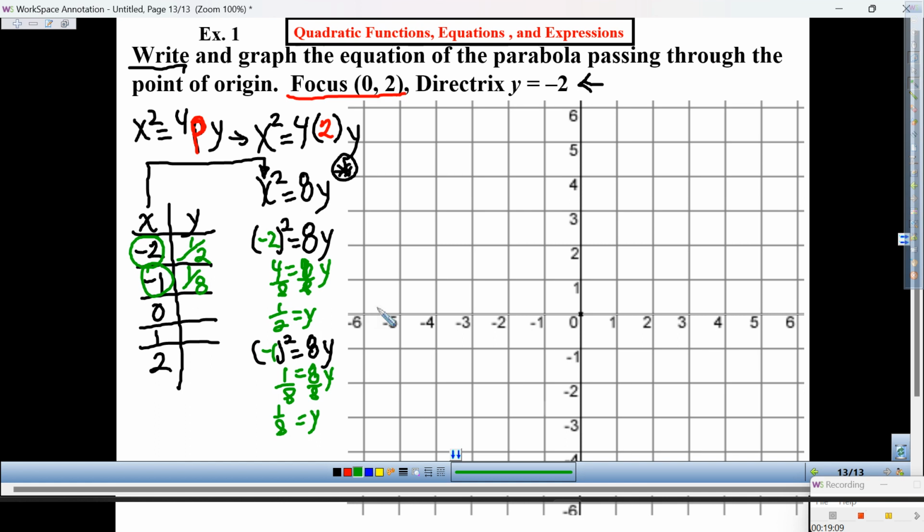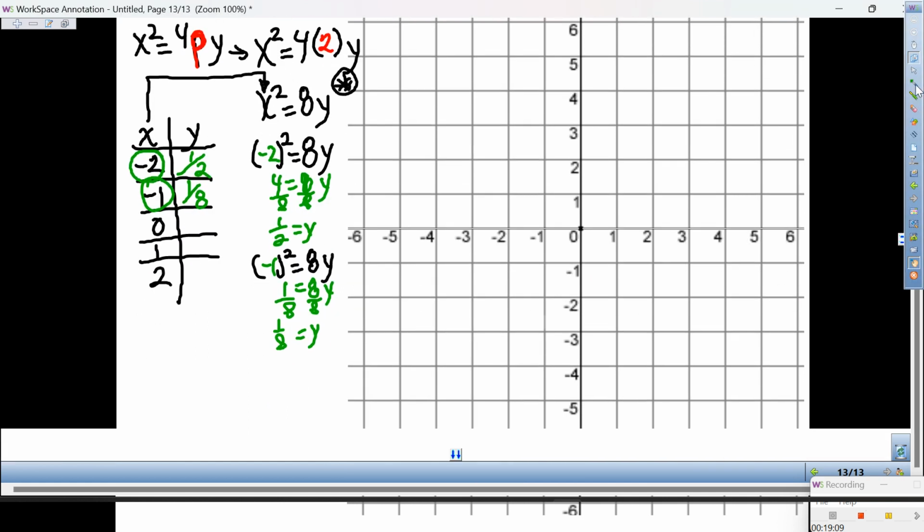Let me move this up a bit. Let's do it again. Parentheses squared equals 8y. What's my next value, everyone? 0. 0 squared is 0 equals 8y. Divide by 8. So therefore y equals what? 0.